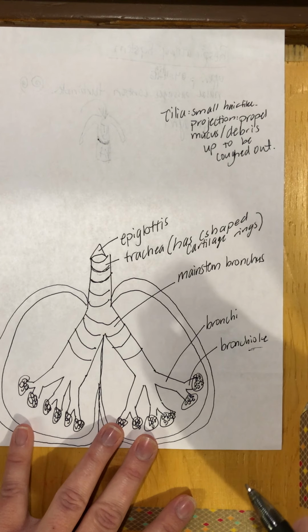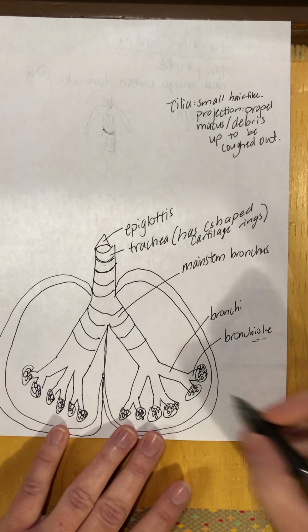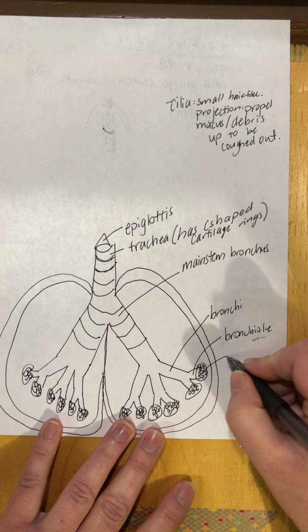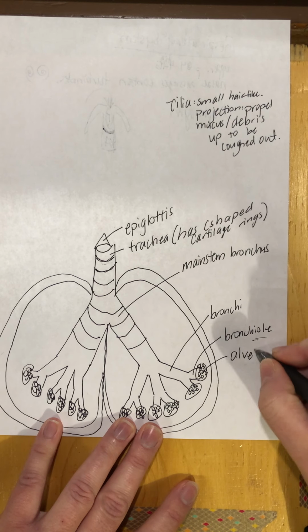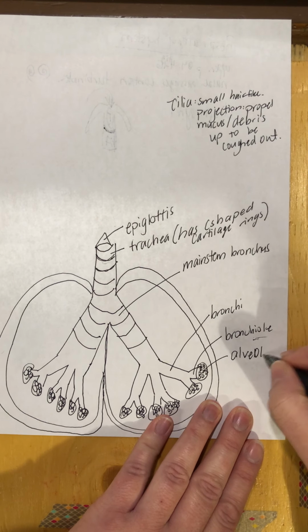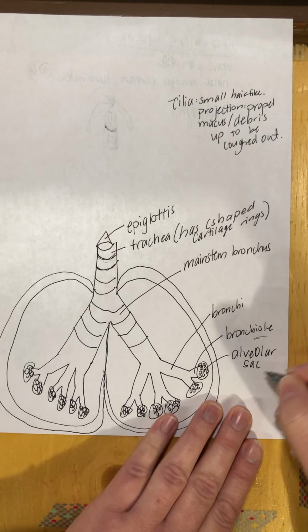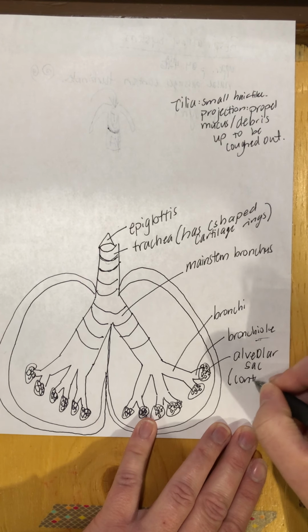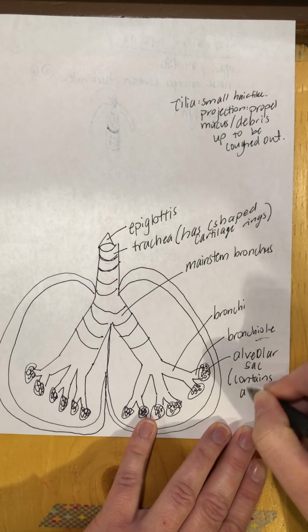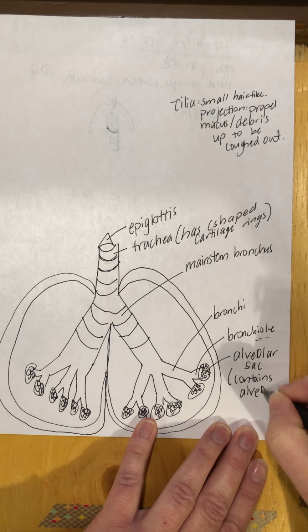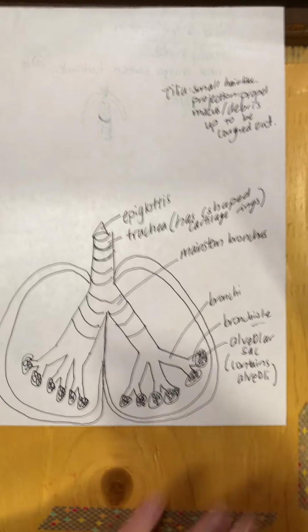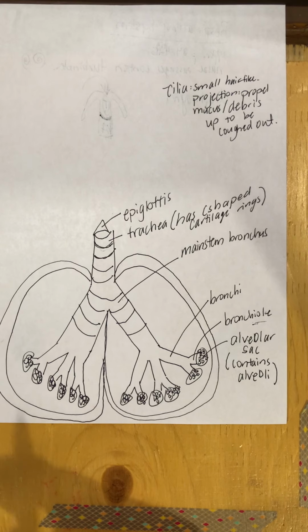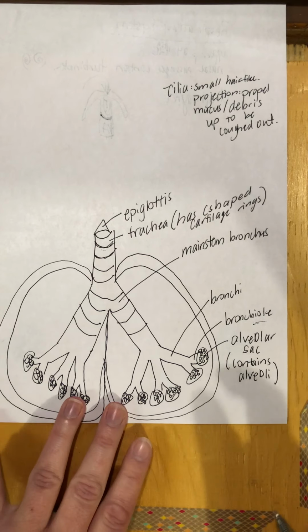I always think of bronchiole as meaning tiny and cute. And then lastly, it ends in the alveolar sac, which contains alveoli. So the alveoli are the site of gas exchange, okay?